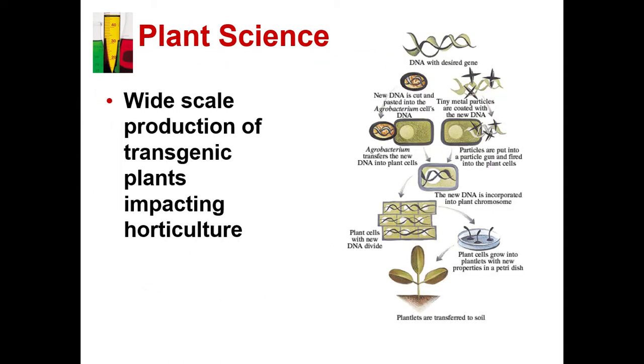So first of all, plant science: wide scale production of transgenic plants impacting horticulture. We use transgenic plants, like genetically modified organisms, GMOs.